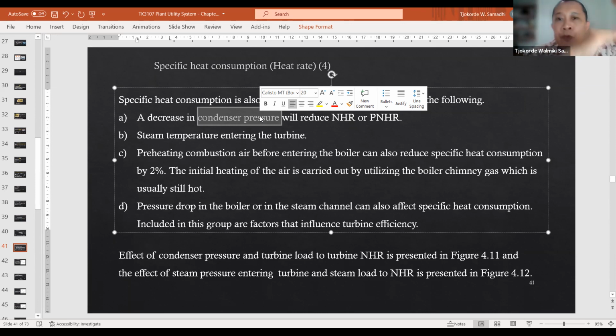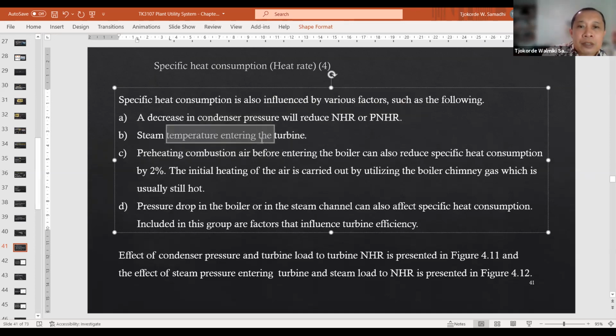Conversely, if we reduce the condenser pressure, that will also improve efficiency and reduce heat rate, but at the expense of needing more power on the part of the BFW pump. So there's always compromise in almost everything.